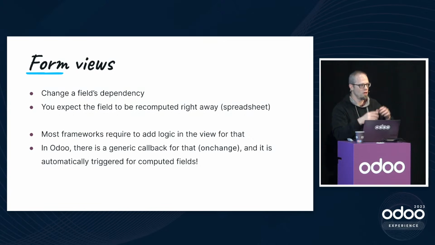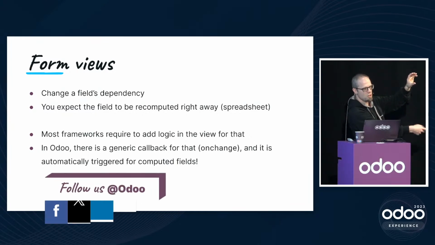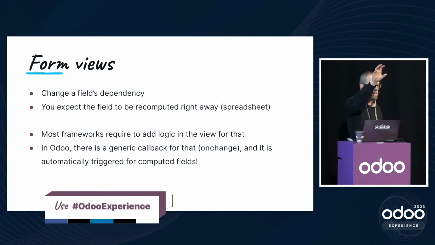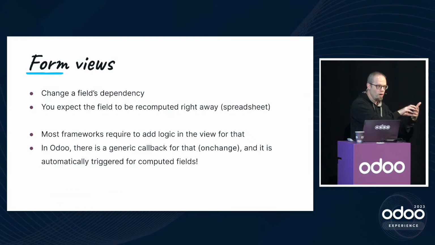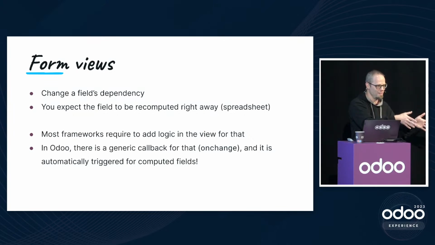So if you modify a subtotal on a sales order line, make sure you update the total right away, so you don't have to click on a button. It's exactly like in a spreadsheet, okay? If you modify a cell and that cell is used by a formula, the value is automatically updated, right? The form views work automatically when the formula is a computed field. It really works like a spreadsheet.